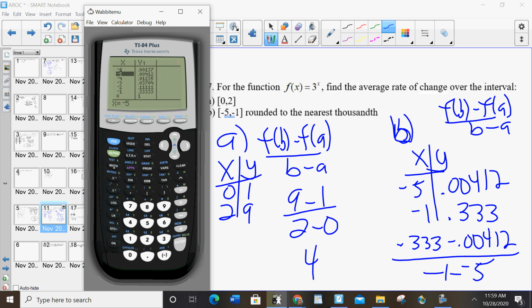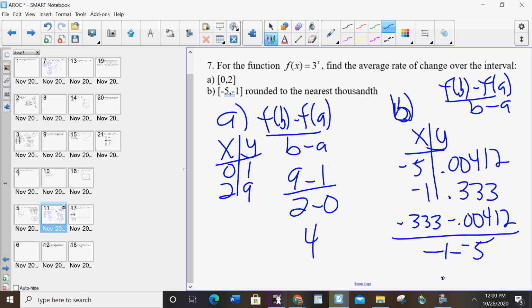Alpha y equals, enter. 0.33333, there was a bunch of threes, minus 0.00412 over -1 minus -5. I get, to the nearest thousandth, 0.082.